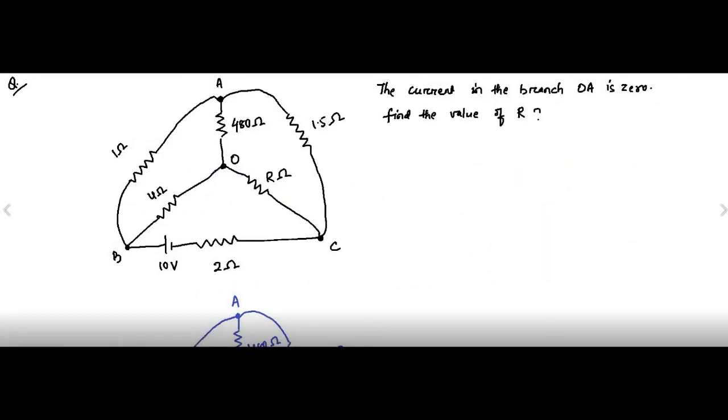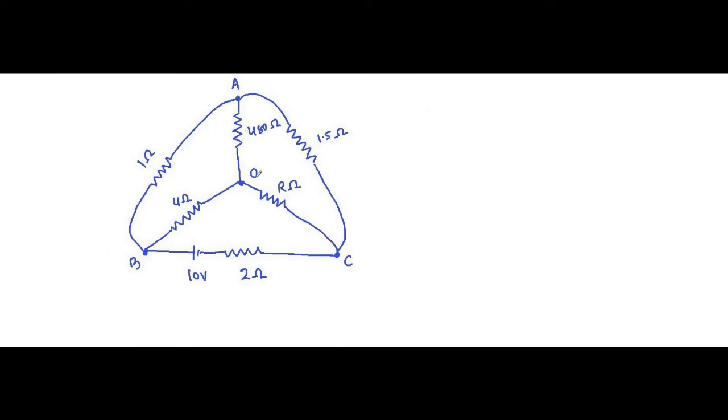Hello friends. So this is another question on KVL and KCL application. Here we have this circuit diagram, and it has been said that the current in this branch OA is 0, and we have to find the value of this unknown resistor, this resistance R. Okay, so here we have redrawn the circuit.